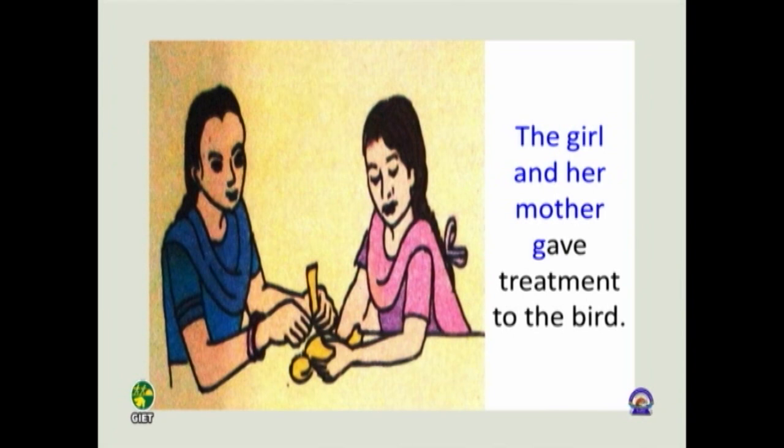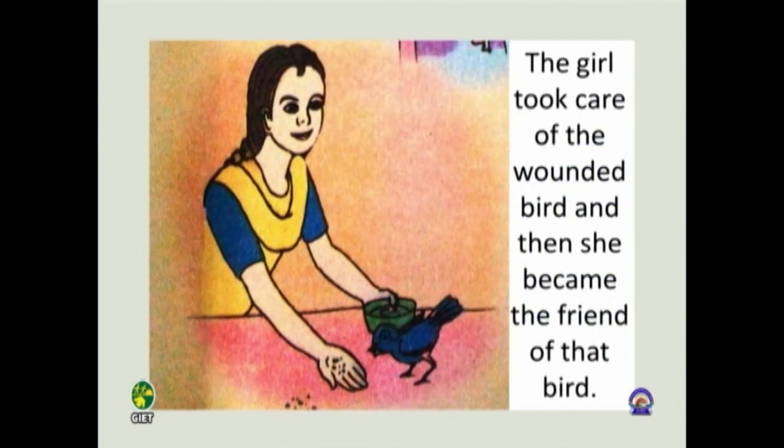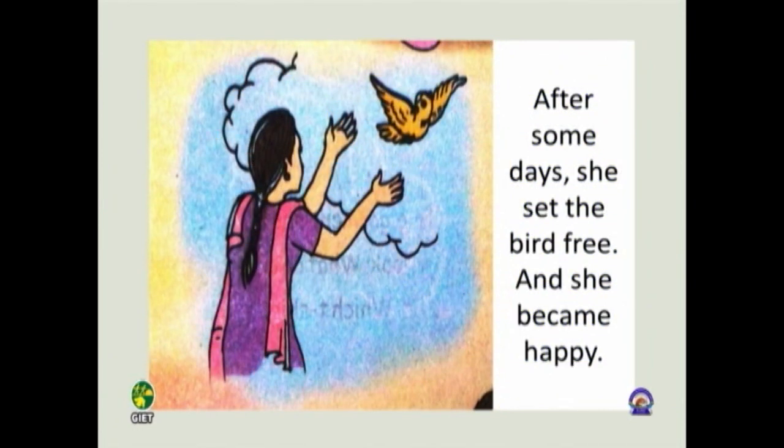The girl and her mother gave treatment to the bird. The girl took care of the wounded bird and then she became the friend of that bird. After some days, she set the bird free and she became happy. So here we have completed the story from the pictures.